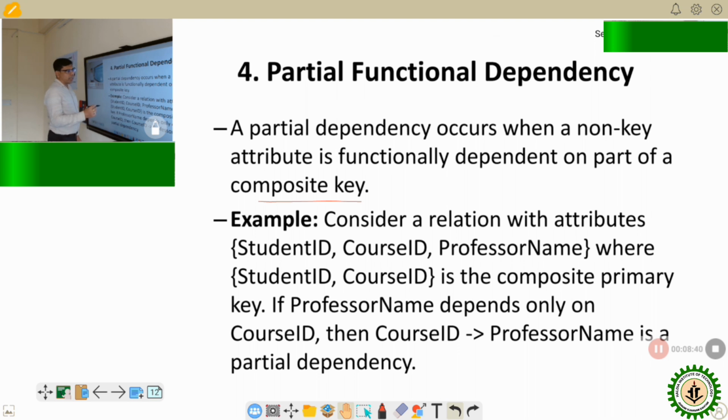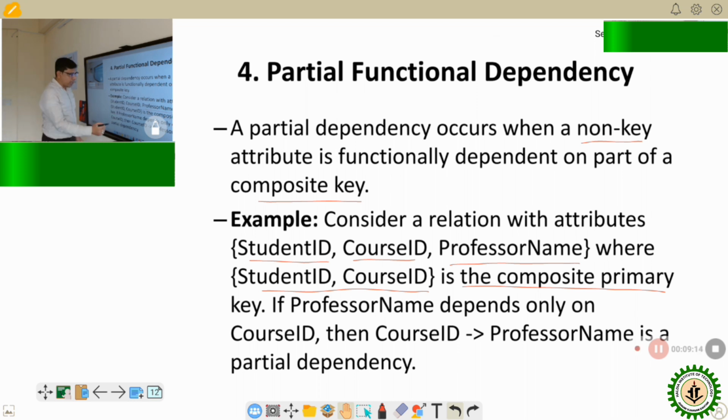So in a composite key, if any non-key attribute depends partially on the composite key, then it is called a partial functional dependency. So here you can take student ID, course ID, and professor name. There are three things here, where student ID and course ID is the composite primary key. That means these two attributes can uniquely identify each row of this table.